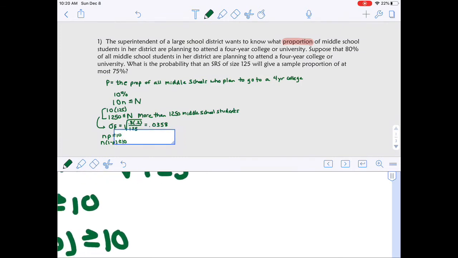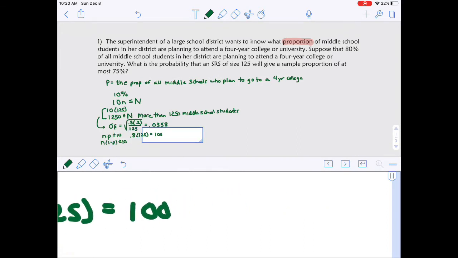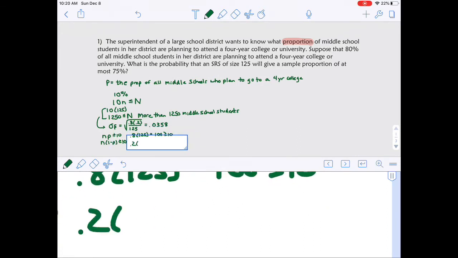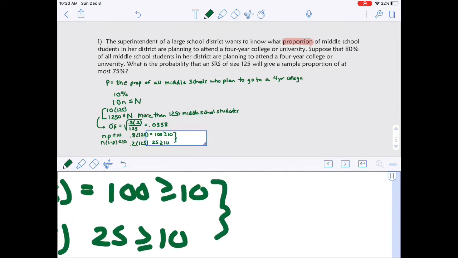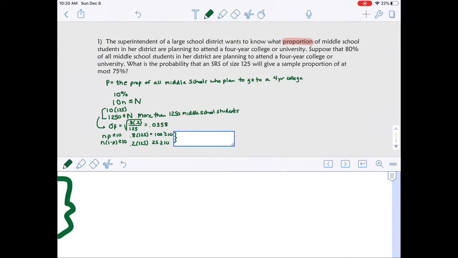In this case, 0.8 times 125, okay, that is 100. So yes, that is greater than or equal to 10. 0.2 times 125 is 25, which is greater than or equal to 10. We are good there, which just basically says our sampling distribution will now be normal.